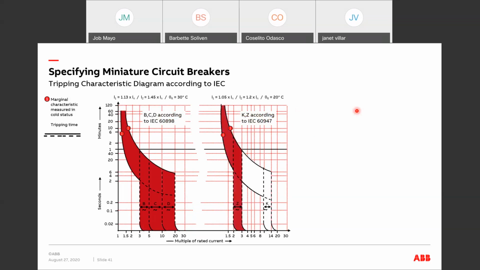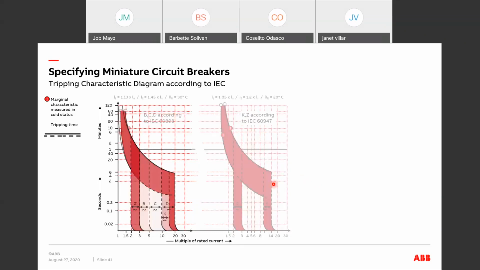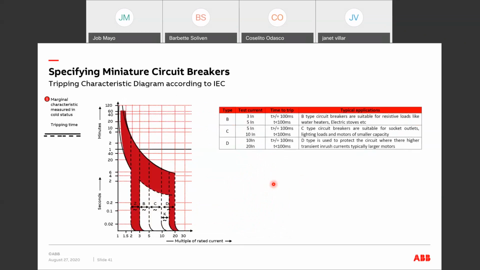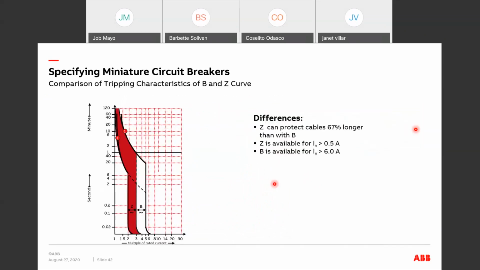So as you can see, for Z curve, this trips much faster, while for K curve, the tripping is much higher, on the higher side of the tripping curve. So the difference is that for Z curves, the C curve can protect cable 67% longer than with B curve.